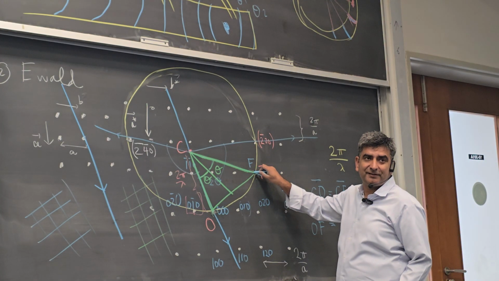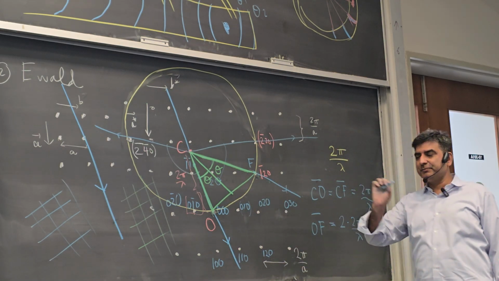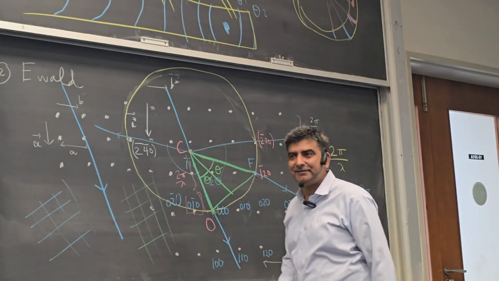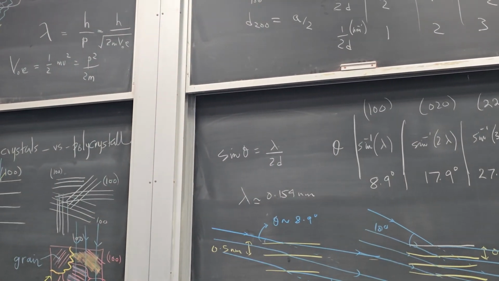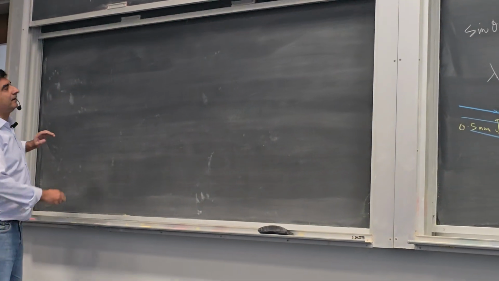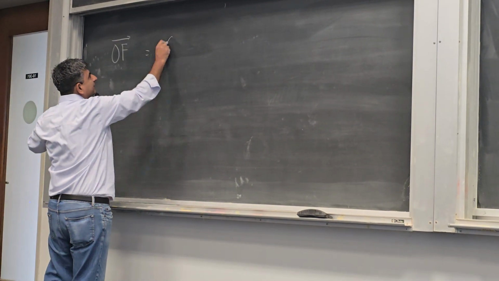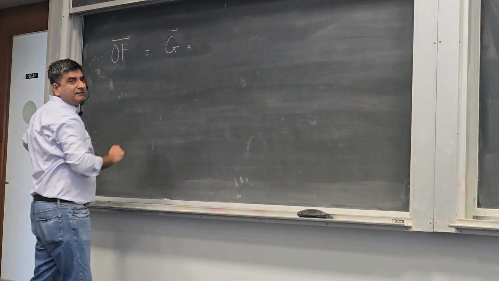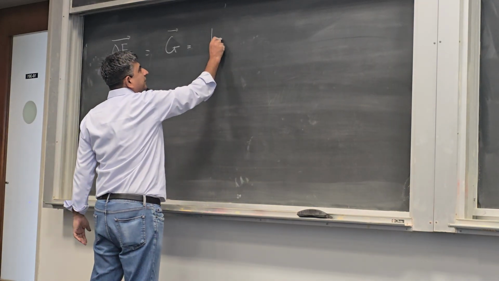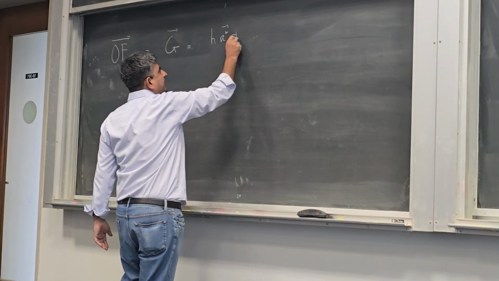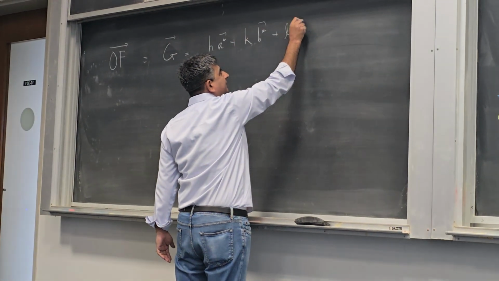Now what is the distance of this point F? This is a plane and this is a reciprocal lattice vector. OF is actually a reciprocal lattice vector, isn't it? Let's call it G. So this has some, say, H a star plus K b star plus L c star, right?